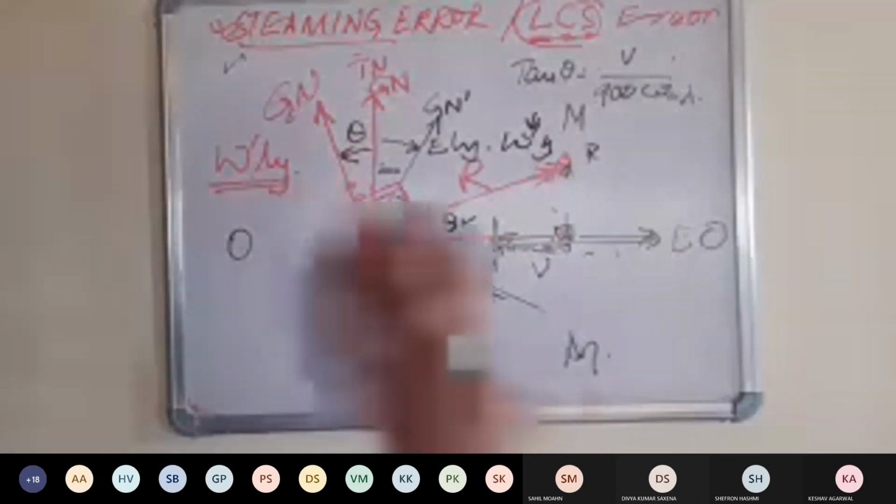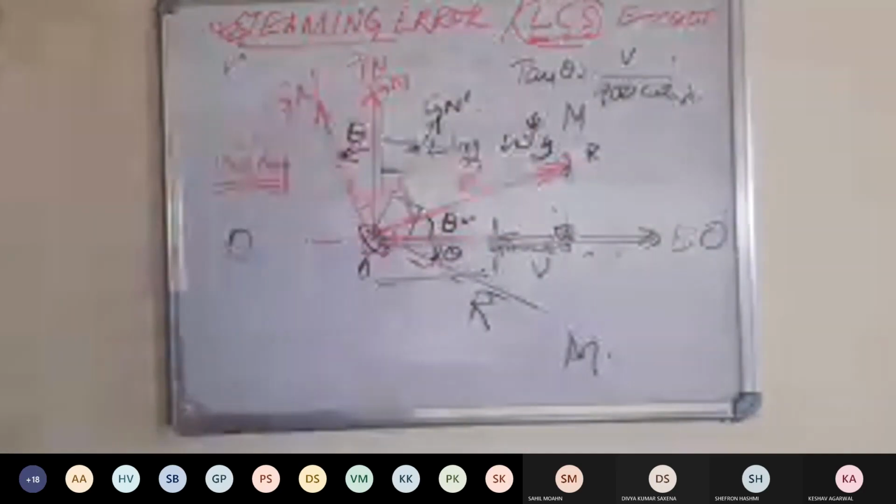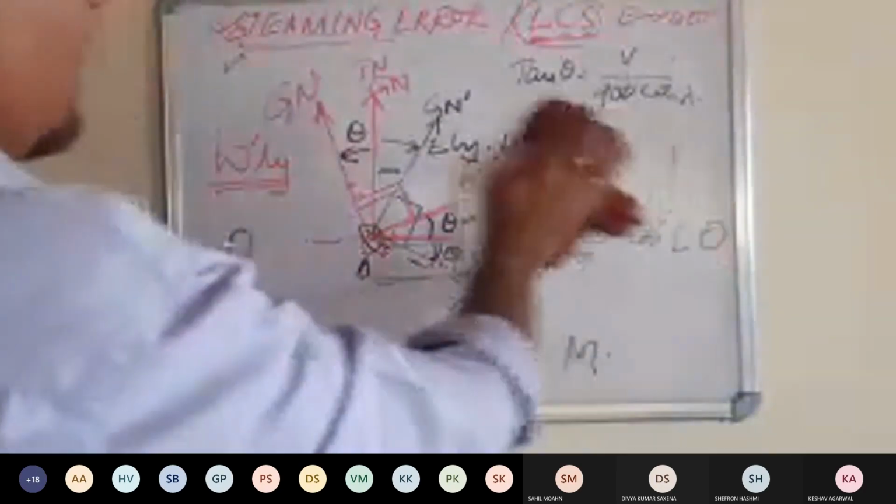We don't want to go too much into it, but this can be improvised. This formula for the streaming error can be improvised.